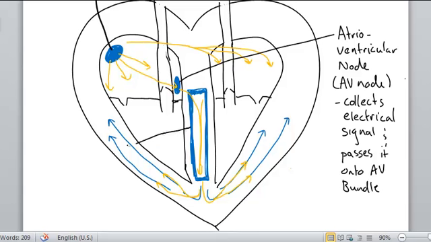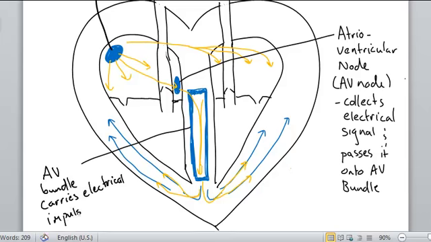So this here is the AV bundle. Carries electrical impulse to bottom of ventricle.